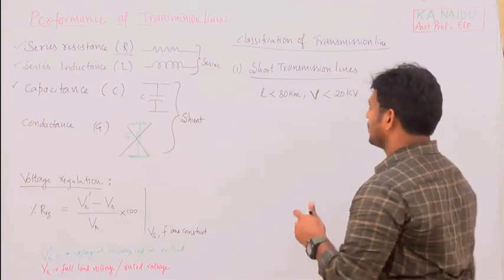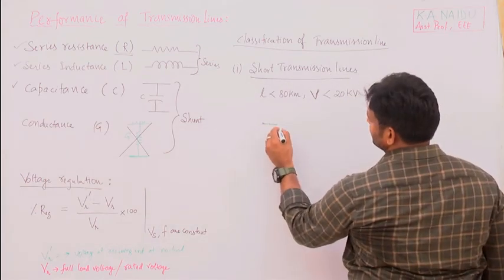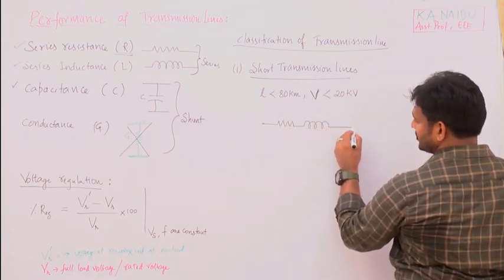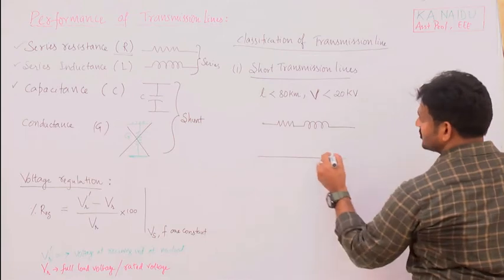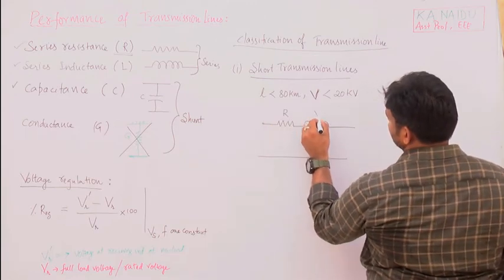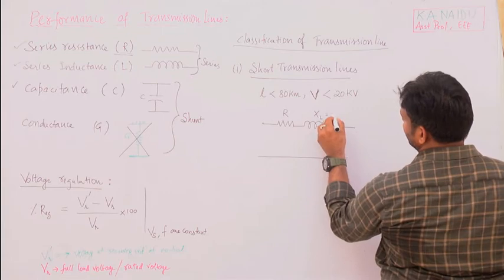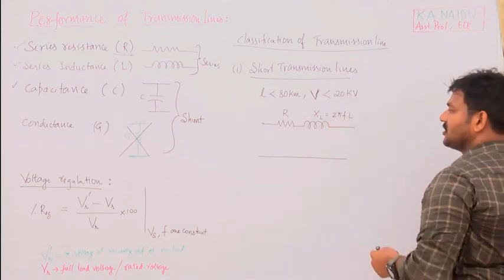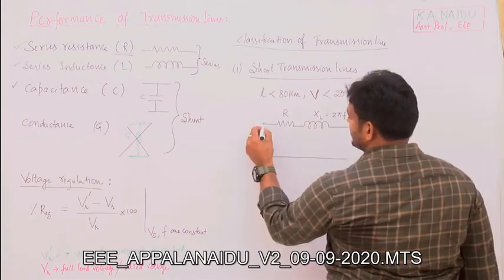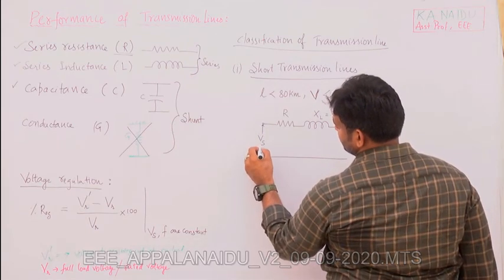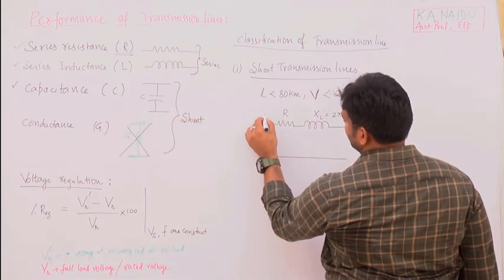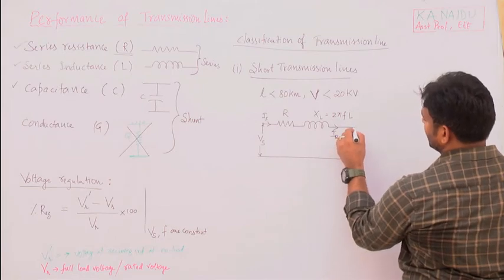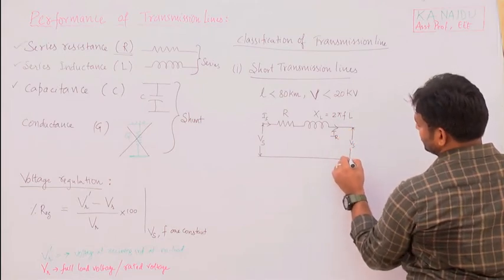You can represent a short transmission line like this. There is a resistance and an inductance like this. So this is R, this is XL. XL is given by 2 pi f into L in ohms, because L has units of Henry, you have to convert it into ohms. This is the sending end voltage Vs. This is the sending end current Is. Receiving end current IR, receiving end voltage VR.